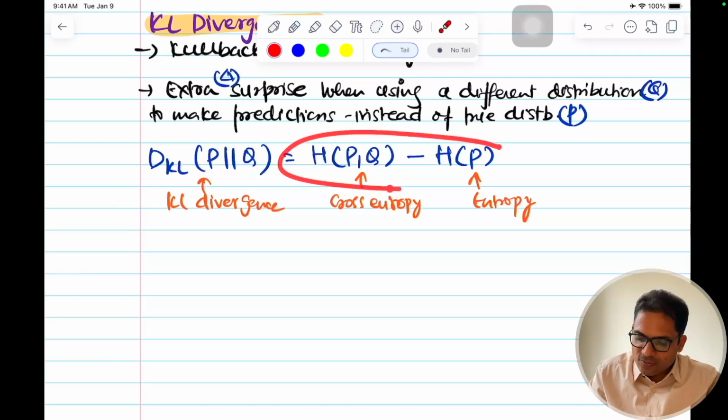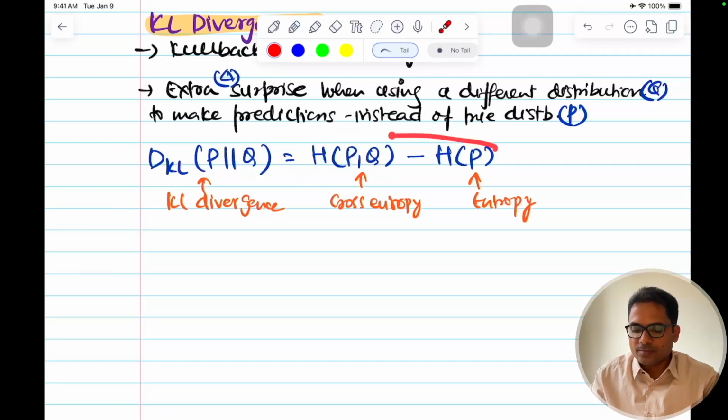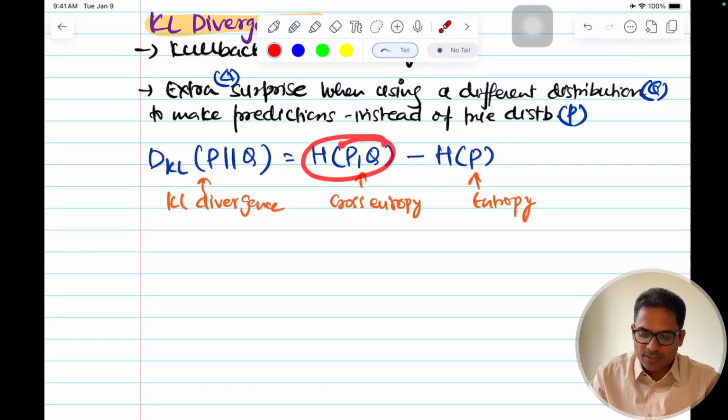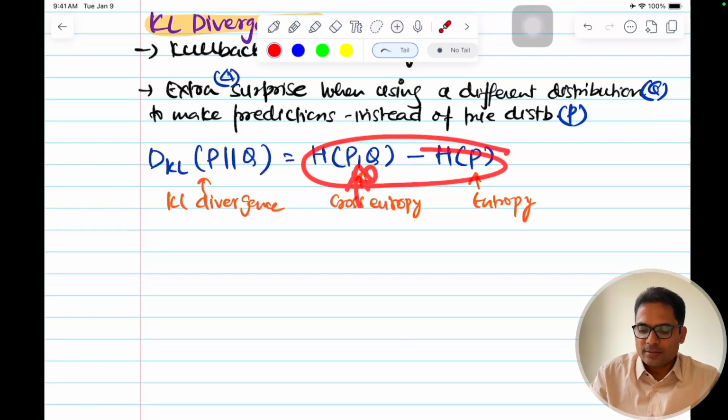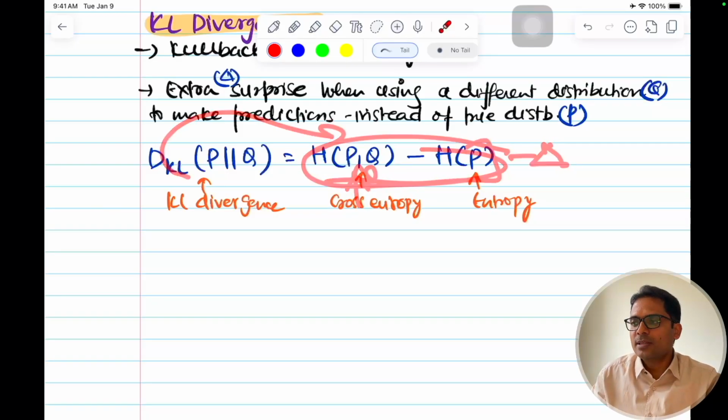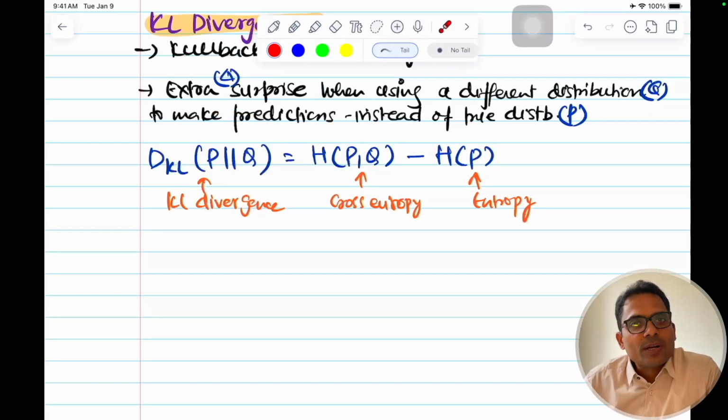So this is the delta that KL divergence tries to capture, or in other words, the penalty that we get for using an imperfect model.